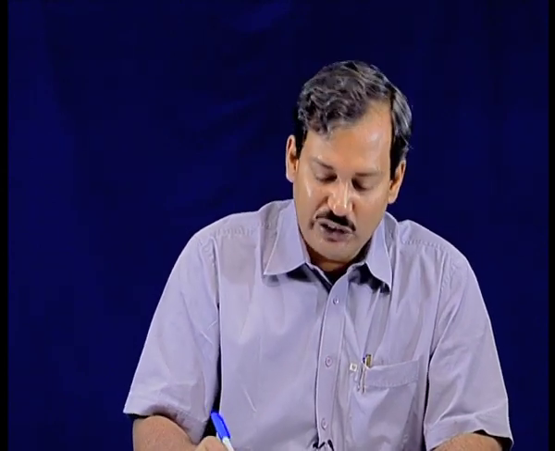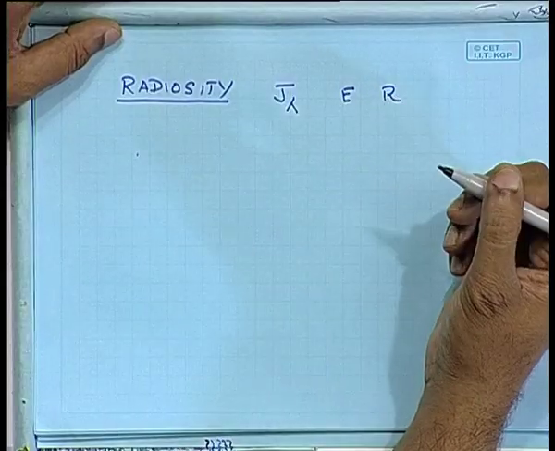So, if we express radiosity by, let us say, J, which again is a spectral quantity, that means radiosity can have different values at different wavelengths, it is going to have an emissive part and a reflective part.